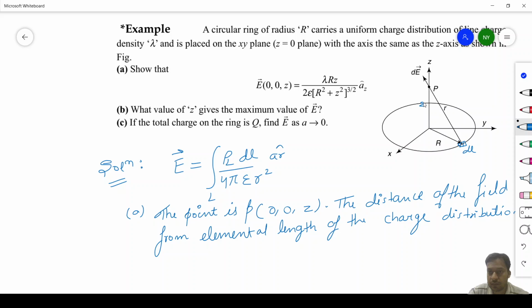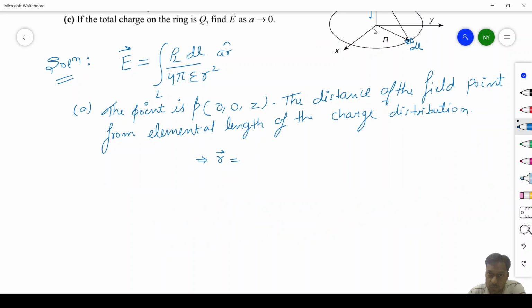taking the vector addition, from here this is going in this direction and z is going in the upward direction. So minus capital R a rho, and plus z a z.